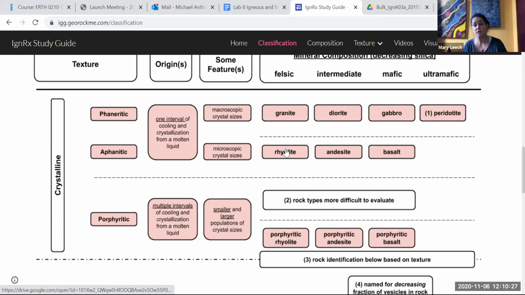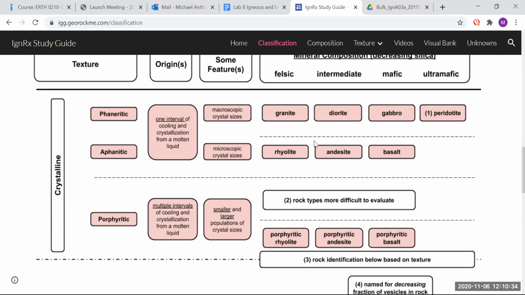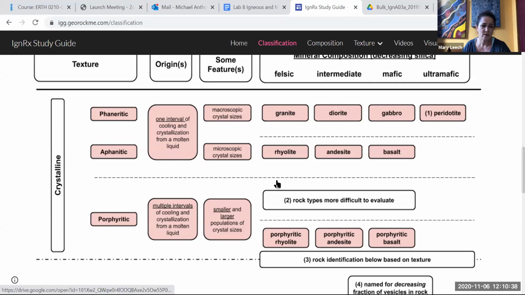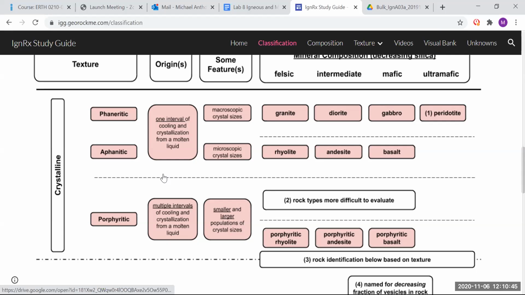Where I would have taken credit away is that you called that texture fragmental because you didn't see any fragments, right? Okay. Yeah. I think you're getting it. So, yeah, little by little. I'm getting it a little bit. Okay.